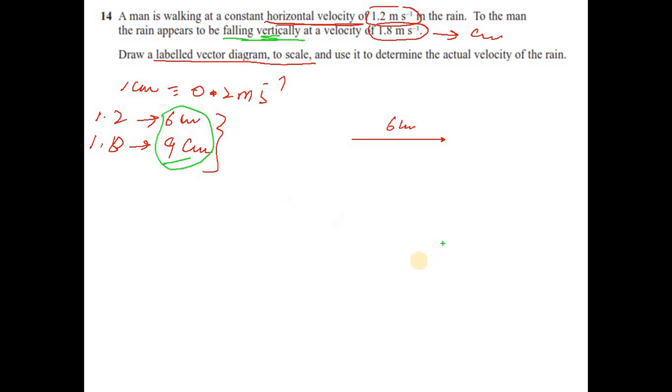This arrow should be 9 centimeters long, something like this. So this is the horizontal velocity of the man, and this is the vertical velocity of the rain for the man.